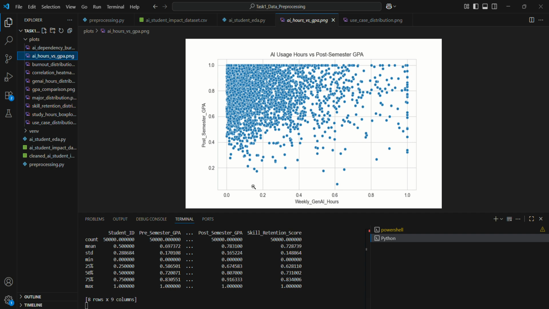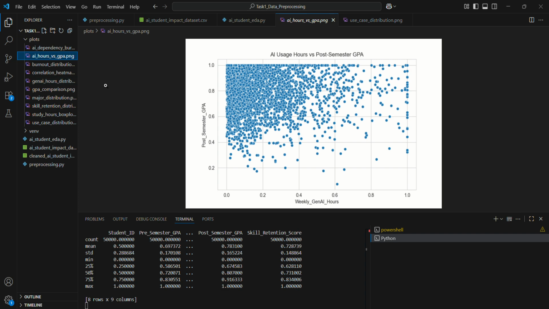If the student uses 0.0 to 0.4 weekly Gen AI hours, their post-semester GPA was this much. So most students are using it this much, not heavily dependent but dependent, and this is their post-semester GPA.